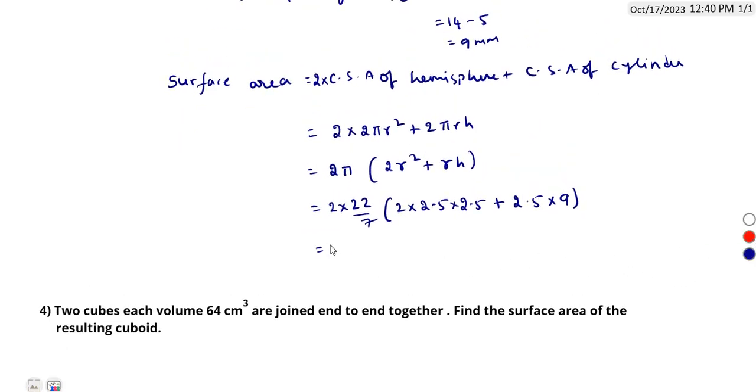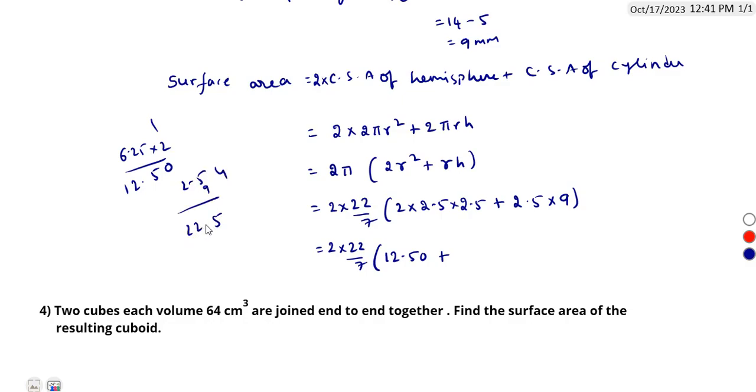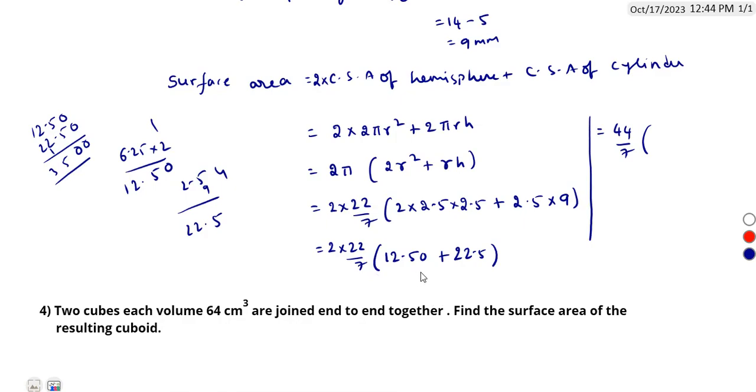See, 2 into 22/7. Here 2.5 into 2.5 is 6.25, into 2 is 12.50, plus 2.5 into 9 is 22.5. Now here 44/7 is the total we had. 12.5 plus 22.5 is 35. 7 on the 7, 5 fives.